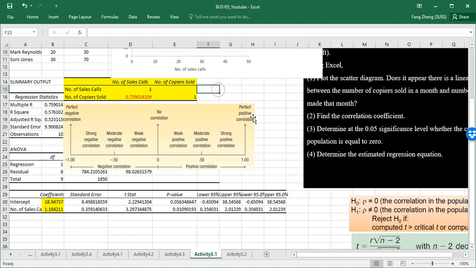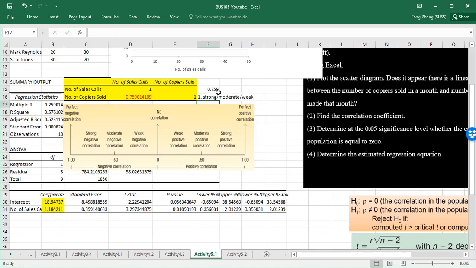So what we can write here is, this is the correlation coefficient, 0.74059, and this means whether there is a strong, moderate, or weak relationship or not.